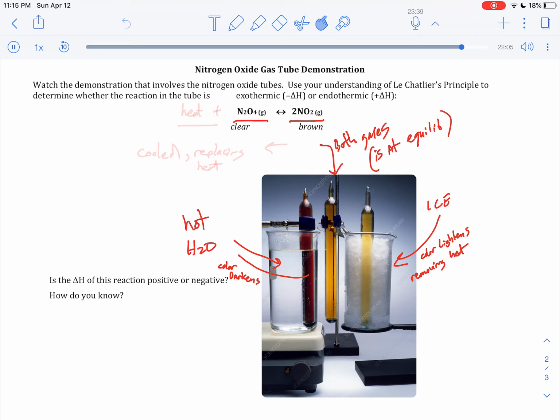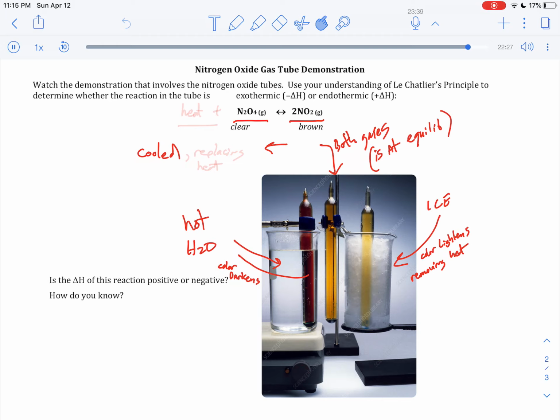By cooling this, by removing heat, the system shifts to the side to replace the heat, and the color evidence shows it's getting lighter. So that means this reaction is shifting to the side that is clear. This reaction shifts to the left when cooled.